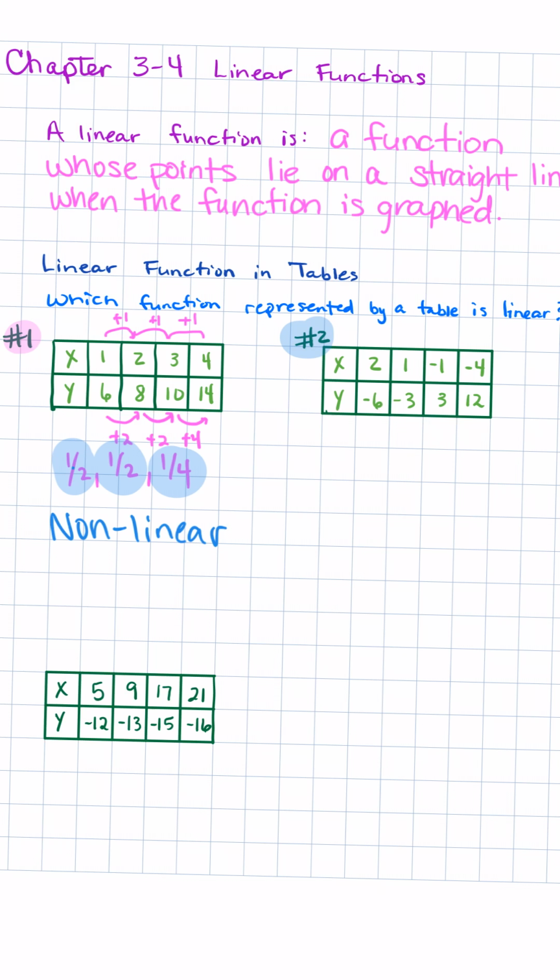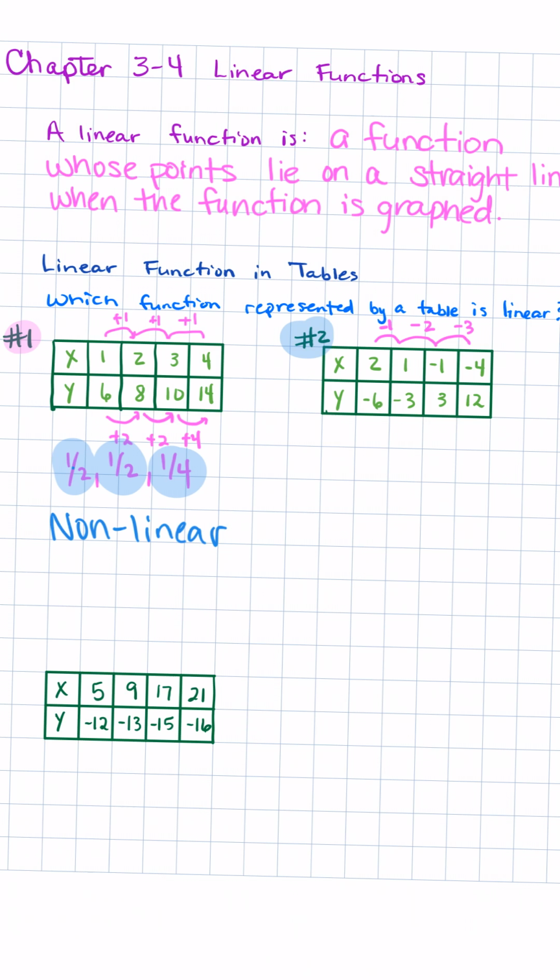So we have 2 to 1. Oops, wrong one. That's going to be subtract 1. 1 to -1, that's subtract 2. 1 to -4, that's subtract 3.